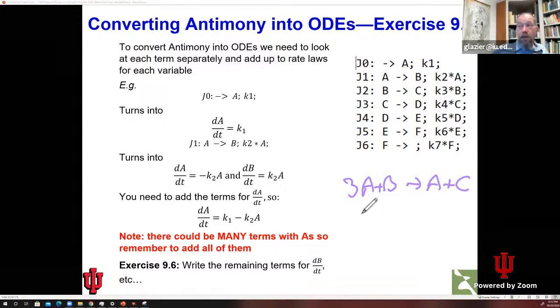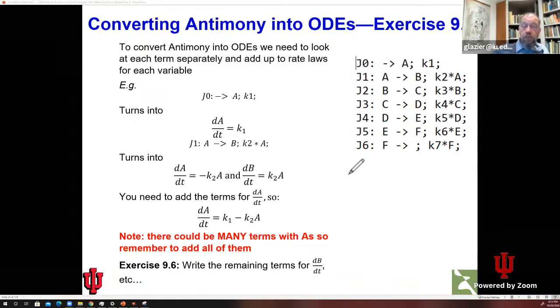You have 3A used up on the left, 1A created on the right. So there's a net of minus 2A times whatever the rate is up here. Fortunately for us right at the moment, we're not going to run into that too often. But if we were doing chemical reactions, that's something you would run into.